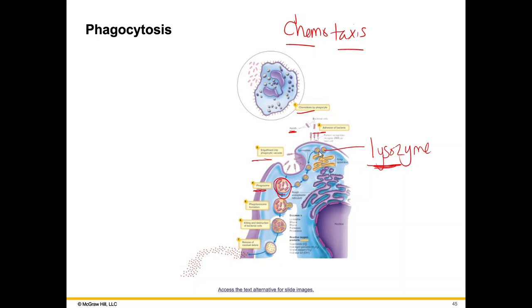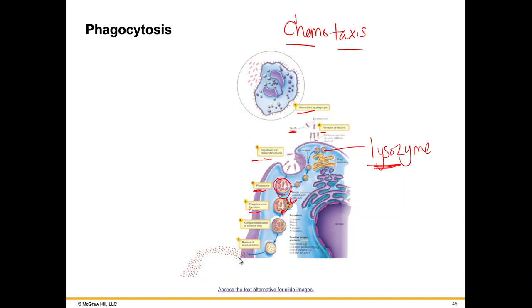So these lysosomes are filled with lysozyme enzymes, and they're going to fuse, as you can see, with that phagosome that contains the bacteria. At that point, we call it a phagolysosome because the phagosome has fused with the lysosome. Now the lysozyme enzymes are able to come in contact with these bacteria. That lysozyme, again, is like Lysol. It's going to kill and destroy these bacterial cells, and then the residual debris will be excreted from the cell.